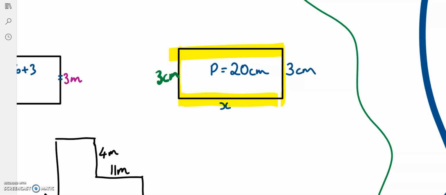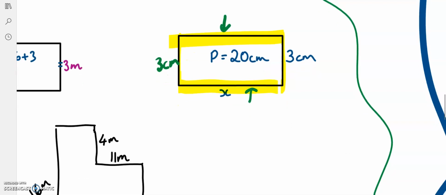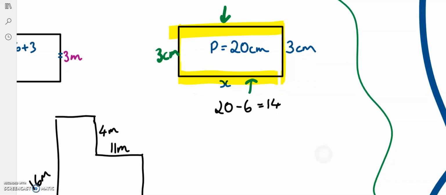So 3 plus 3 is 6. That means that this side and this side must be 14, because 20 take away 6 is 14. But that's what the 2 sides are. To figure out one side, we would halve it and we would get x equals 7 centimeters. So we can look at perimeter as a way to figure out some missing values as well.